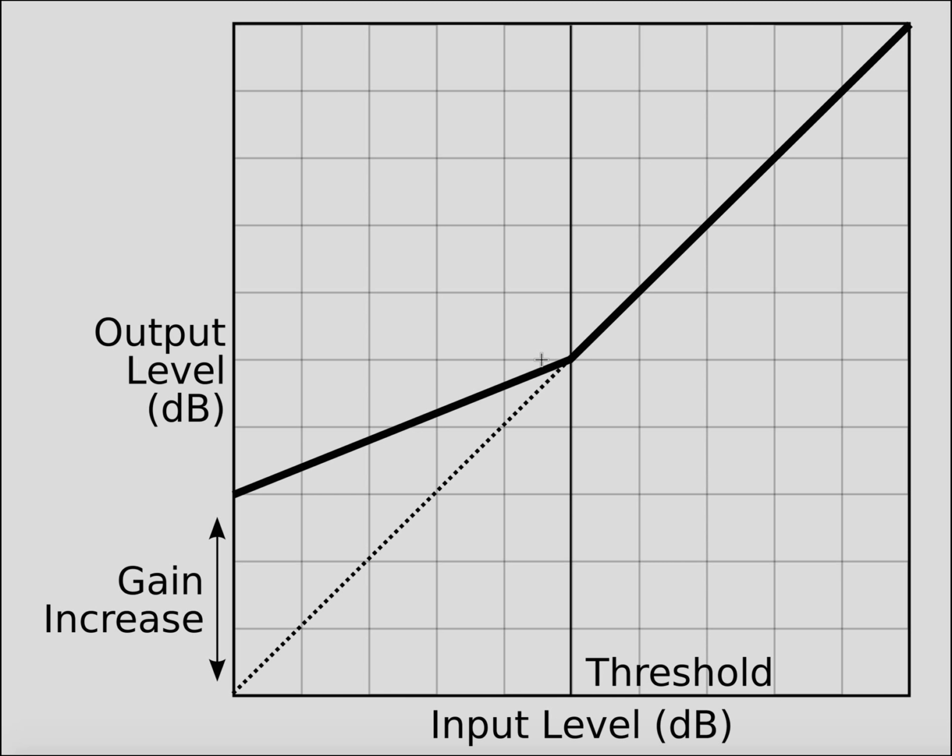So, if you have compression acting up here as the signal gets to a certain threshold, lowering it there, right? And you have expansion acting down here as the signal gets down to a certain threshold, picking it up, then what you end up with is essentially an input or an output level that falls in a pretty tight little area between the compression and the expansion.